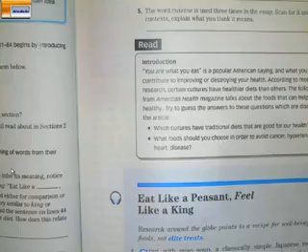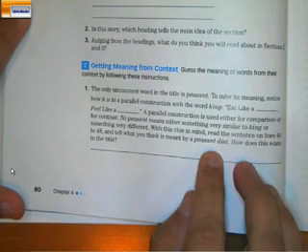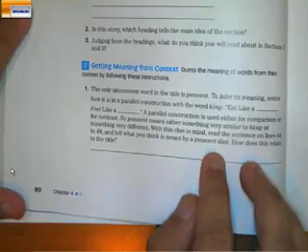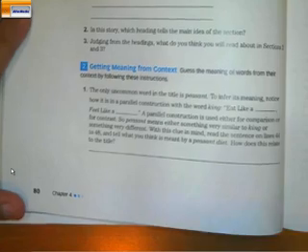So it's similar to farmers, but in a different way. If you go to the passage, you read here, a peasant diet. A peasant does not have a lot of food, so they just eat very simple food. This is the meaning of peasant diet.